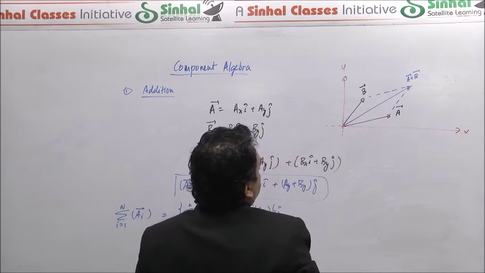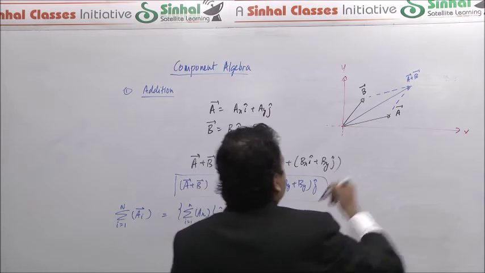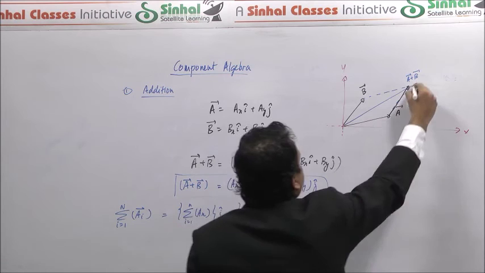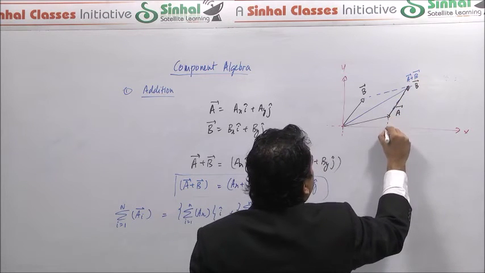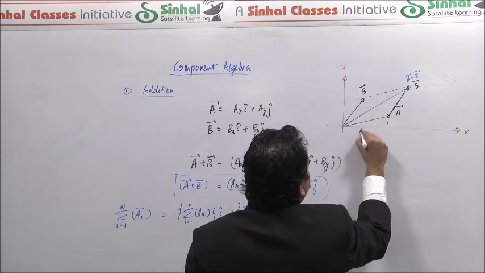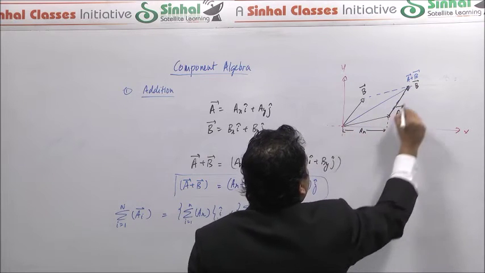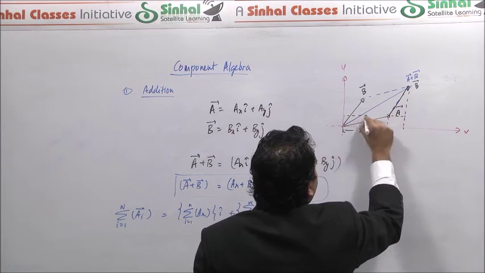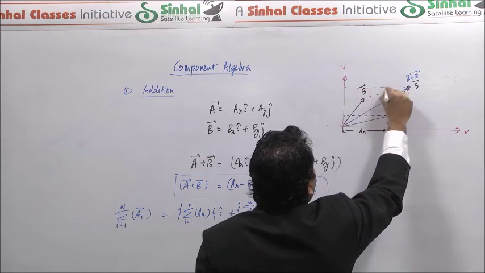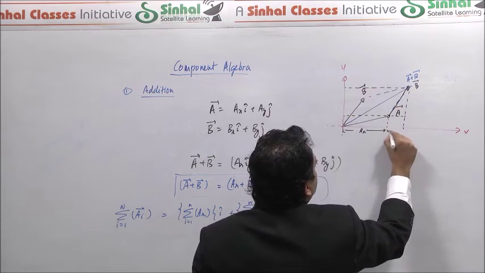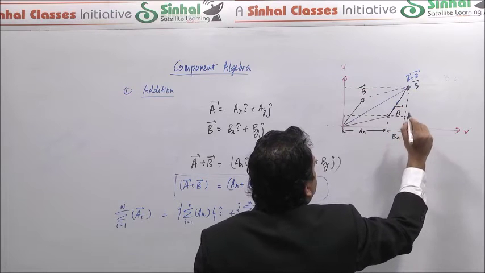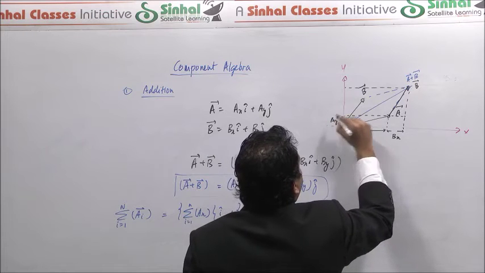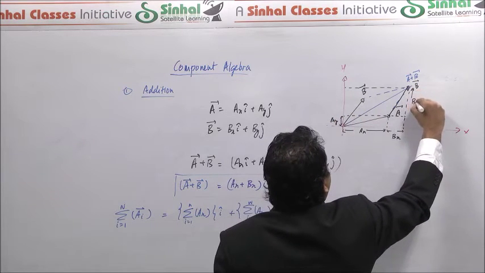When we drop a perpendicular here, this much is Ax, and similarly, this much is Bx, this much is Ay, and this much is By.